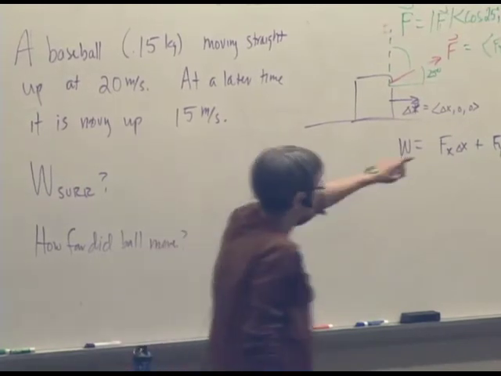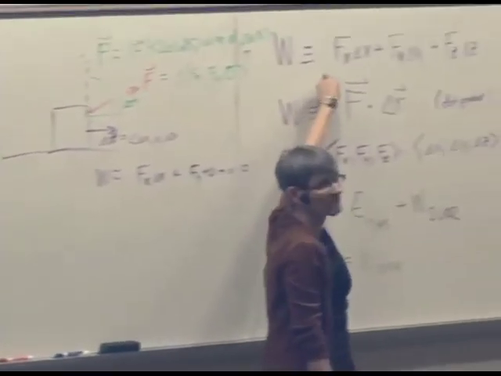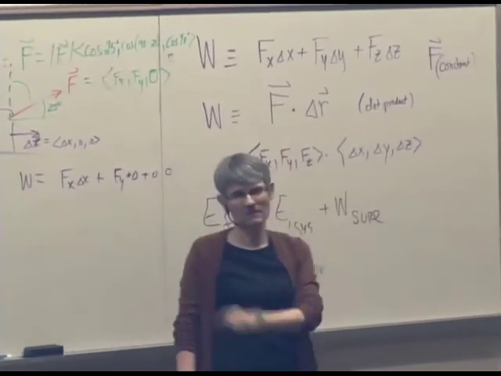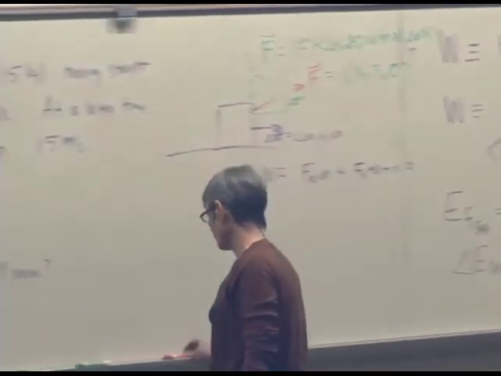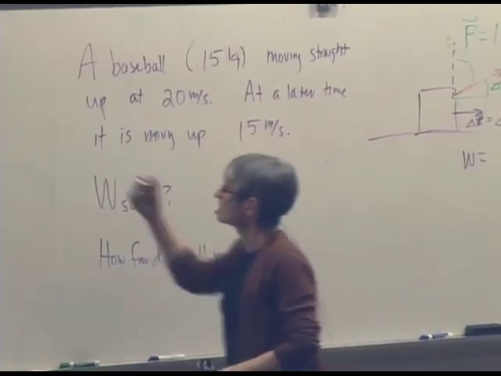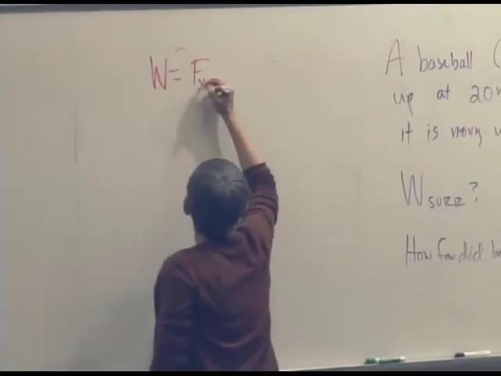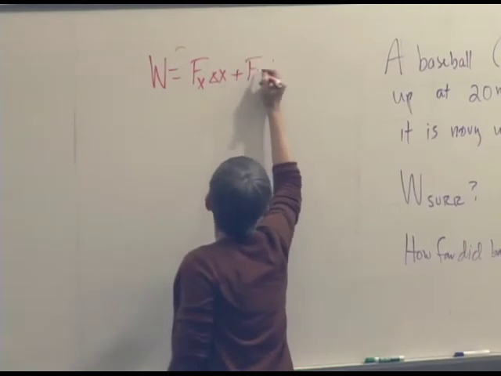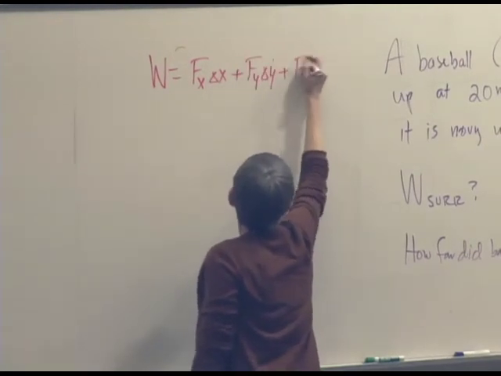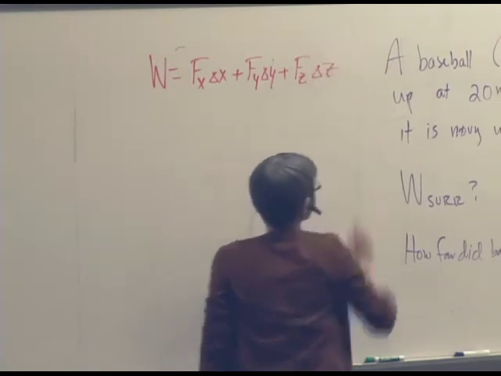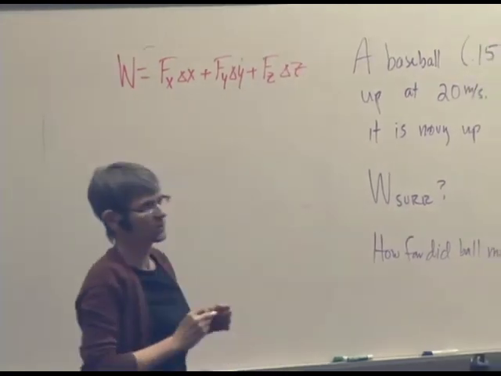Does work say anything about constant speed? No. So we have work is Fx delta x plus Fy delta y plus Fz delta z. So what don't we know?